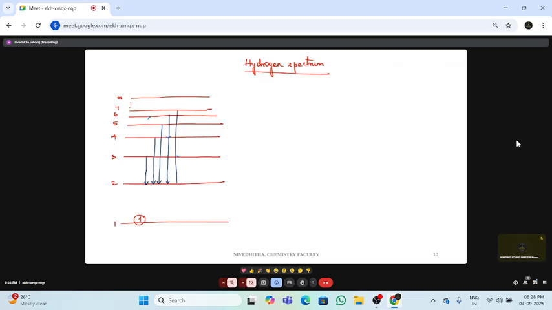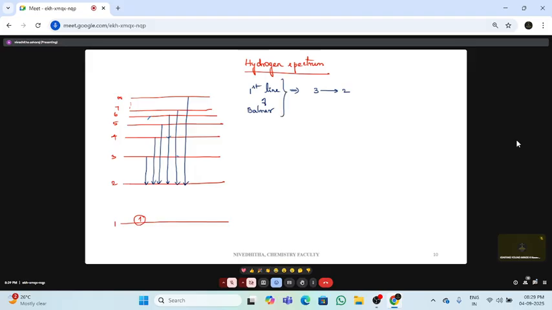So electrons are coming from an excited state to the second shell. So this is the Balmer series. In this Balmer series, could you please tell me which is the first line of the Balmer series? You have to tell me the transition completely. 3 to 2. Very good. The third shell to the second shell is the first line of the Balmer series.